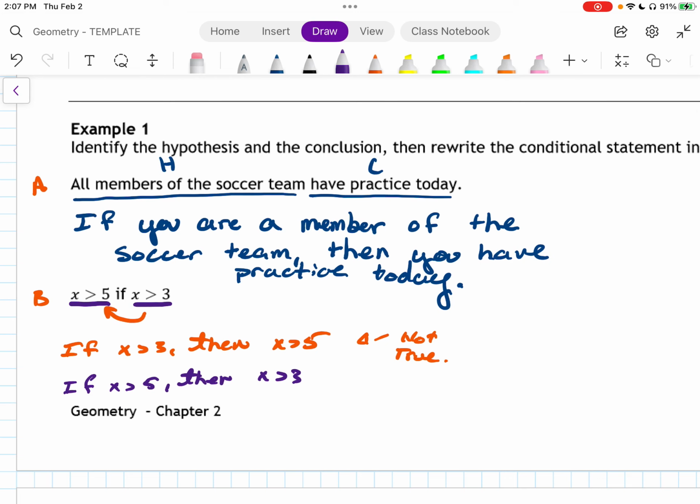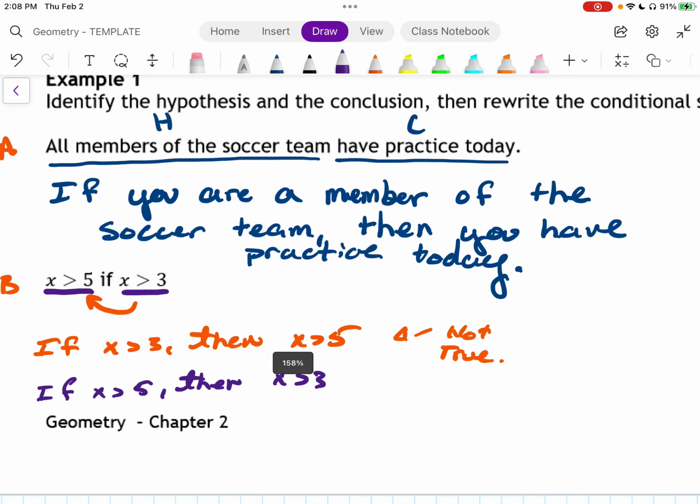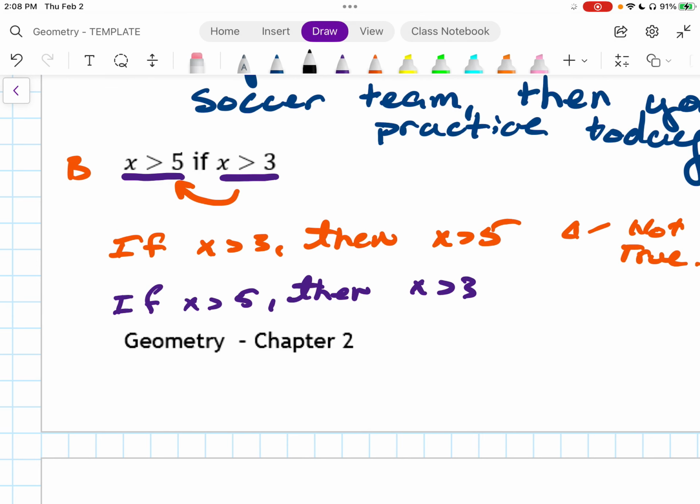A conditional statement can have a truth value, right? The truth value is true or false. Is this a true statement or is this a false statement? If we look here, this top guy is false, right? If x is greater than 3, then x is greater than 5. What if x equals 4? That would obviously be false.